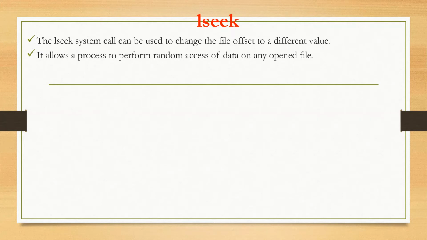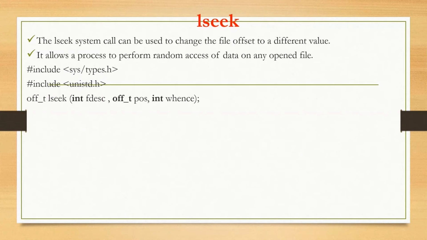The general prototype is given here, which includes once again the sys/types header file and the unistd header file. The return type is off_t with lseek, that is offset given with the file descriptor and the off_t pos, the position from where you can start. There are three parameters.